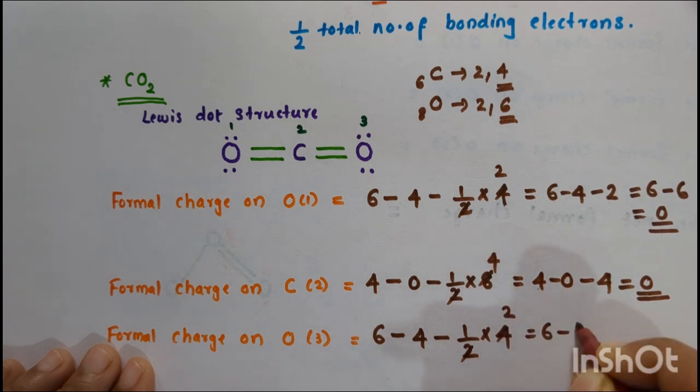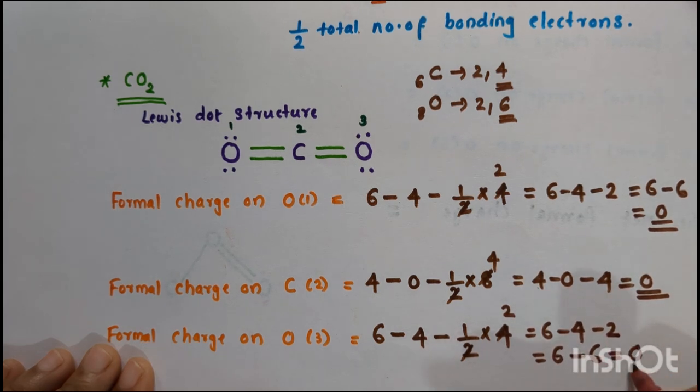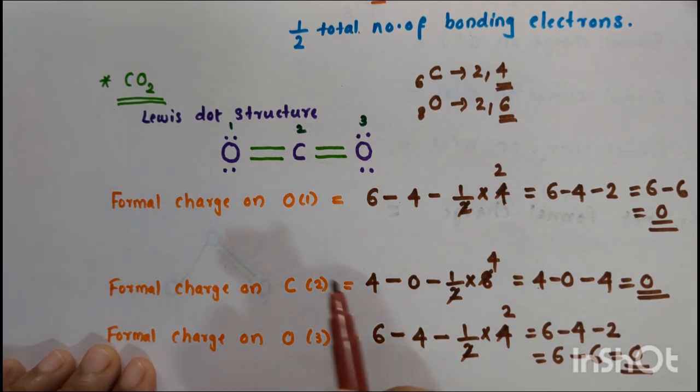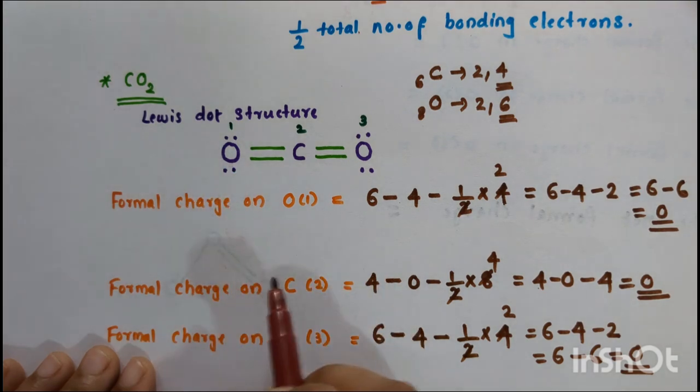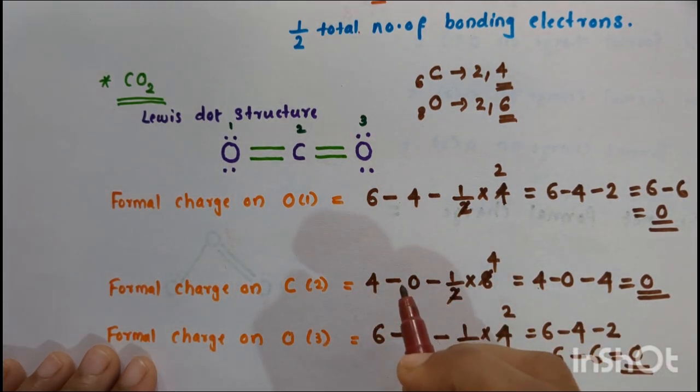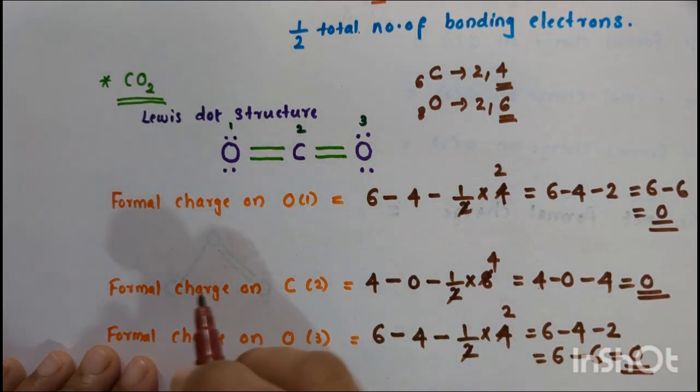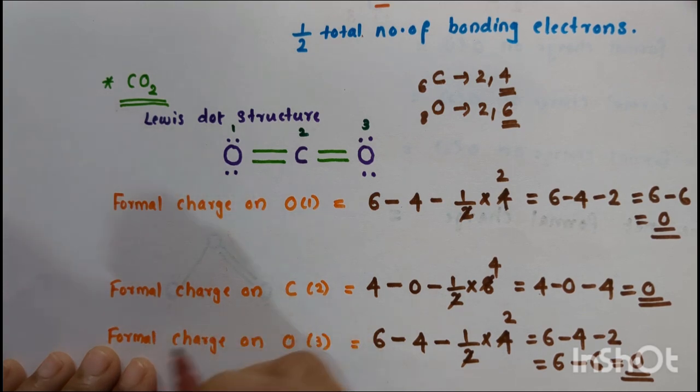So this is 6 minus 4 minus 2, which is 6 minus 6, equal to 0. The formal charge on the carbon atom is 0, and the formal charge on each oxygen atom is 0. So the total formal charge on carbon dioxide is 0, which indicates that carbon dioxide is a stable molecule.